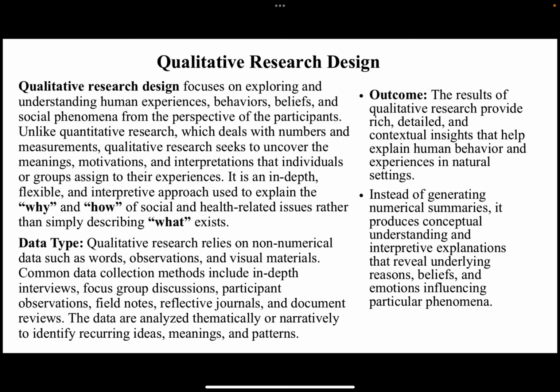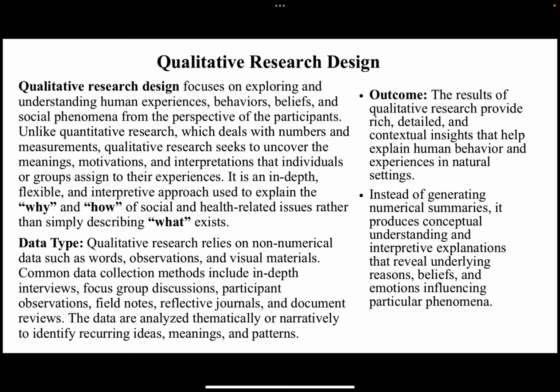Qualitative research design. Now, qualitative research design focuses on exploring and understanding human experiences, behaviors, and beliefs, as well as social phenomena from the perspective of the participants.